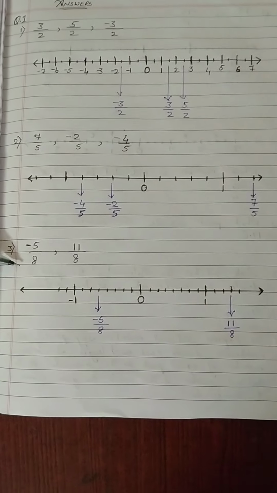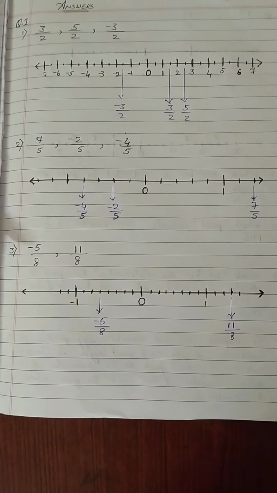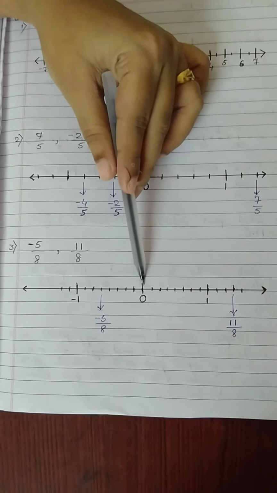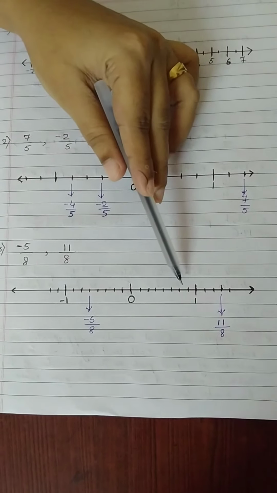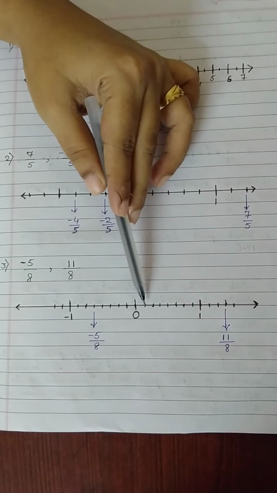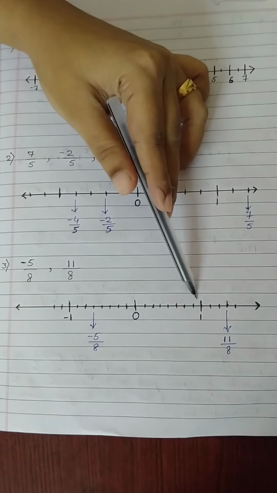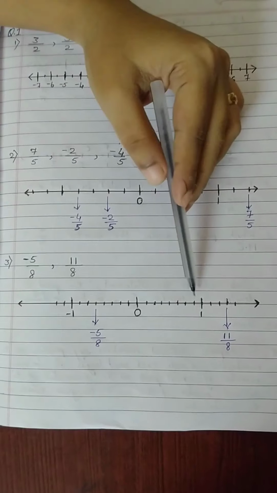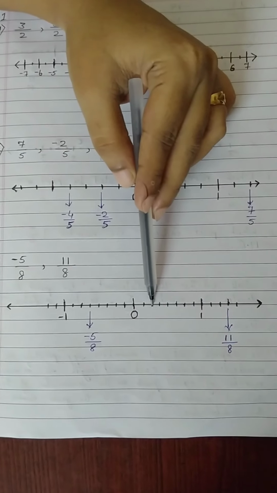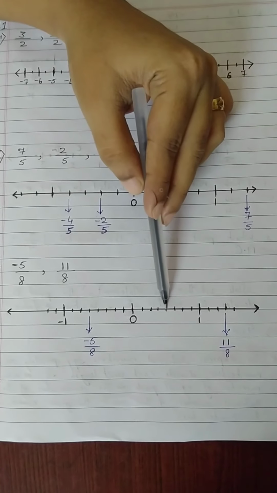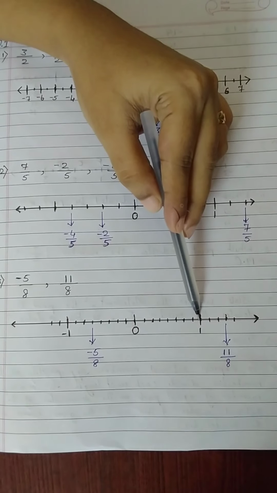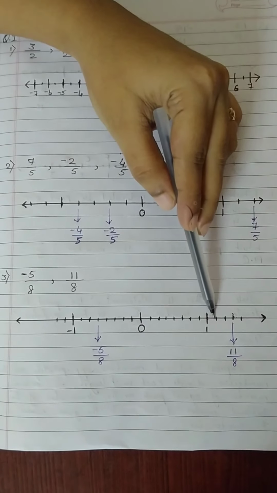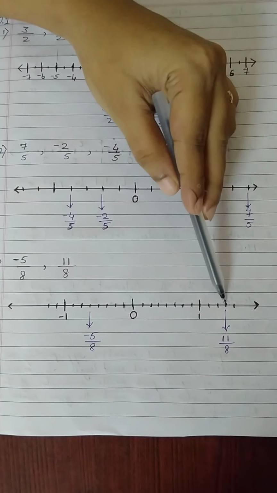Now we will move to sub question 3. Here the denominator is 8. Now the number line is divided into 8 equal parts. So after 0 it is 1 by 8, 2 by 8, 3 by 8, 4 by 8, 5 by 8, 6 by 8, 7 by 8, 8 by 8, which is 1, 9 by 8, 10 by 8, 11 by 8.